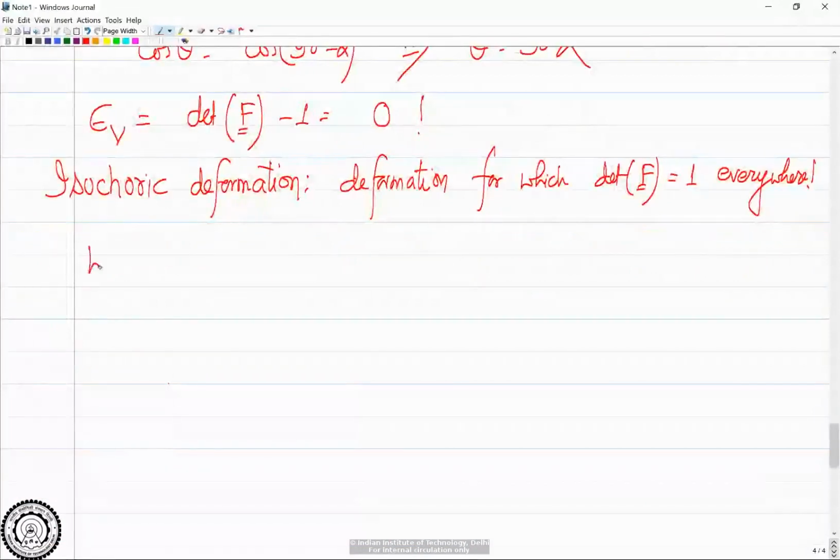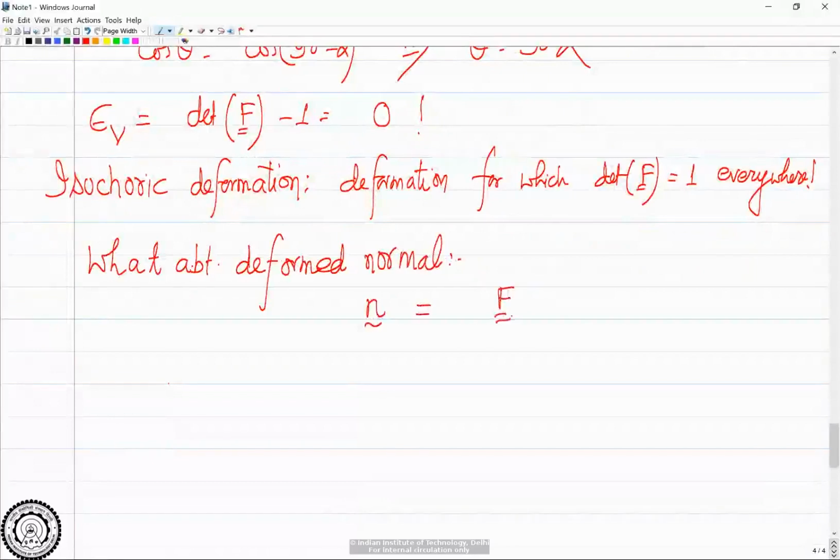So what about the deformed normal? Can you recall the formula that the deformed normal n is equal to F inverse transpose into the undeformed normal N, divided by the magnitude of this, isn't it?